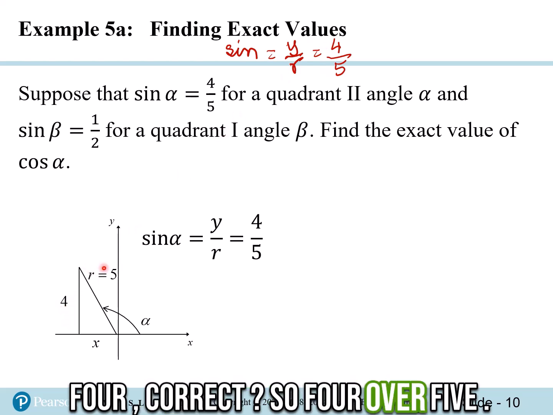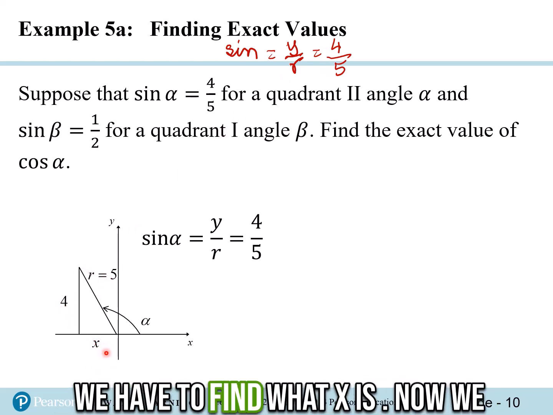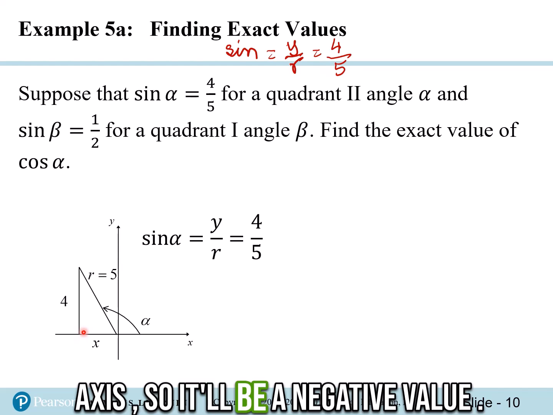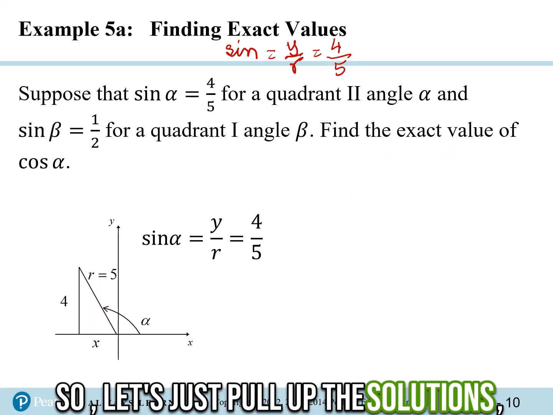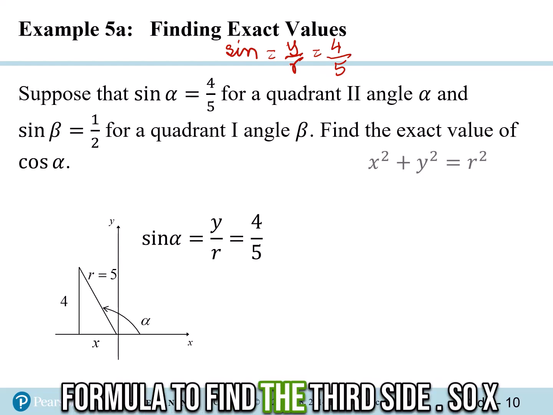So 4 over 5. We don't know what x is, therefore we have to find what x is. Now we see that x is along the negative x-axis, so it'll be a negative value. Let's just pull up the solutions, how they've used the Pythagorean formula to find the third side.